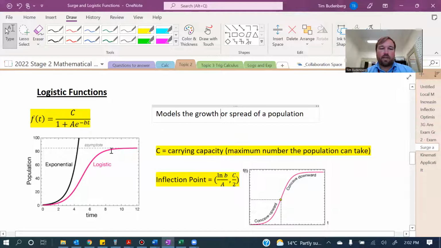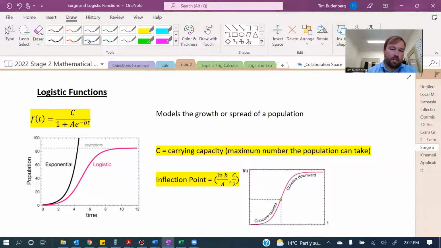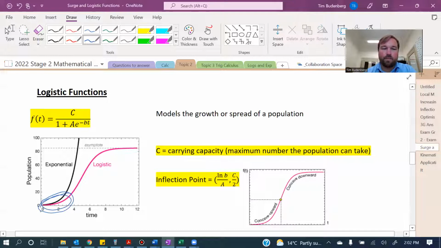So on the left-hand side here, you can see an exponential function. And in the early periods of time, exponential and logistic look pretty similar. They behave similarly. So imagine if you put 2 rabbits on an island, they would breed fairly quickly, they would grow very quickly. However, a logistic function is particularly good because it's far more realistic.